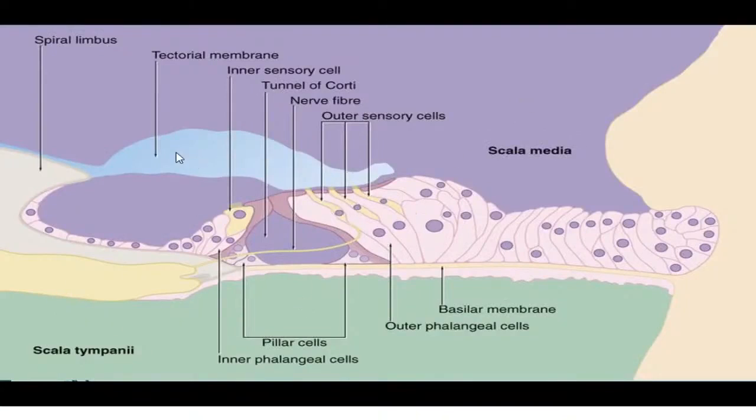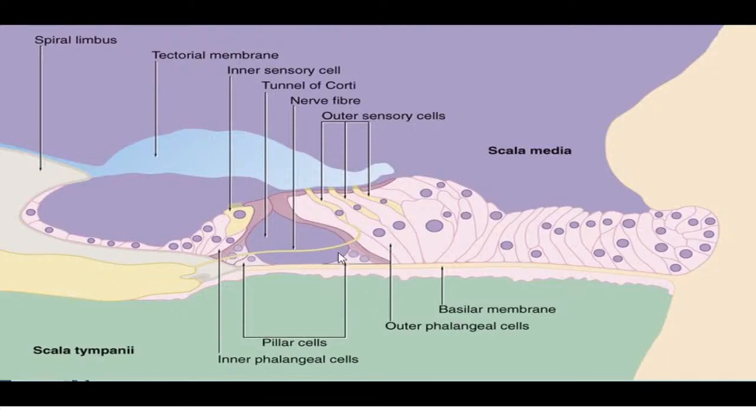We have seen here the tectorial membrane, outer sensory haired cells, inner haired cells, the tunnel, a triangular shape where the auditory nerve migrates. It forms pillar cells, inner phalangeal cells, and the phalangeal cells support and carry the haired cells, inner and outer. The pillar cells form the tunnel.